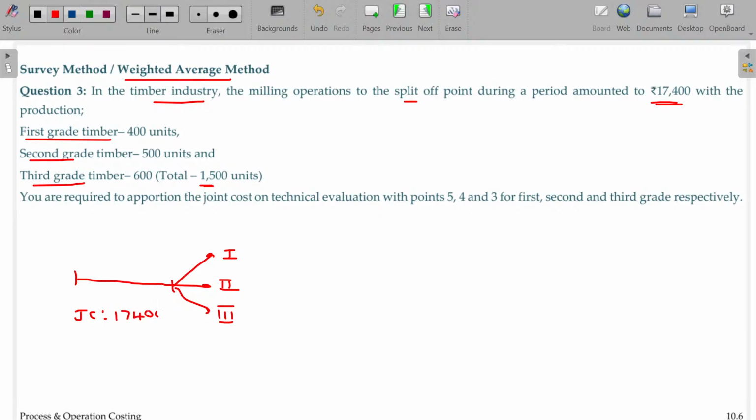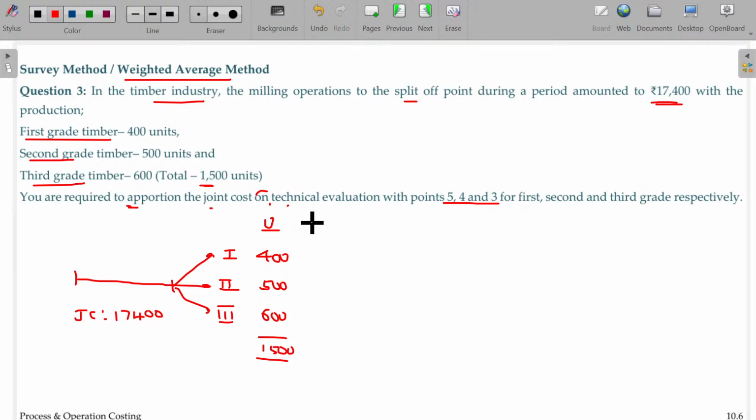Now you have to distribute 17,400 over these three types of material we produced. Units are 400, here 500, here 600, overall 1,500. You are required to apportion the joint cost on technical evaluation with the points 5, 4, 3 for first, second, and third grade respectively.